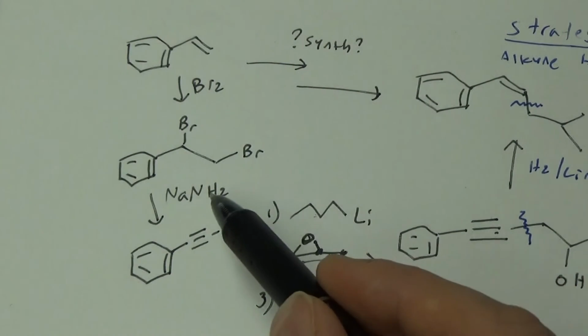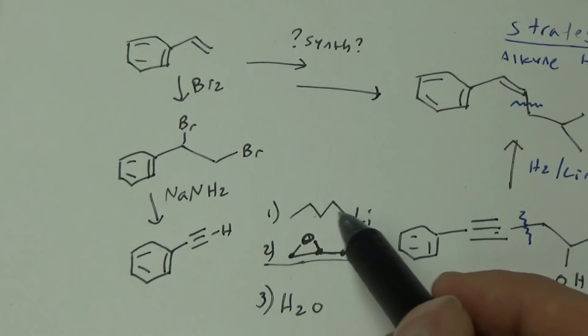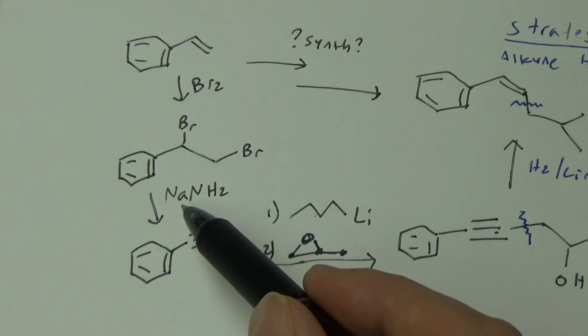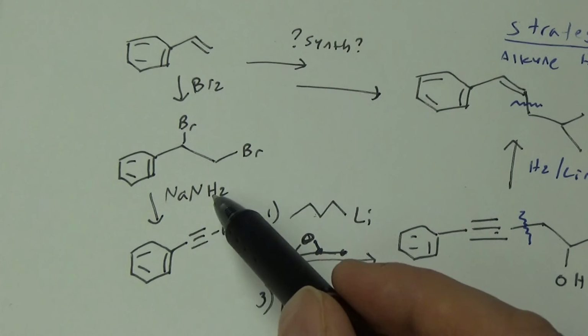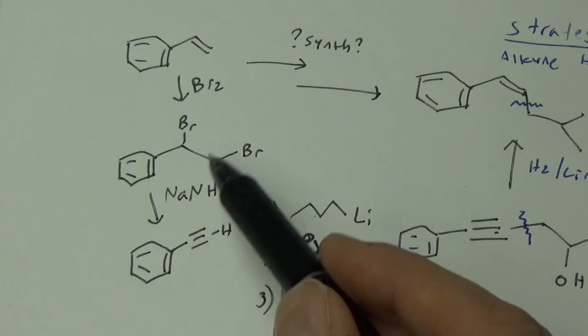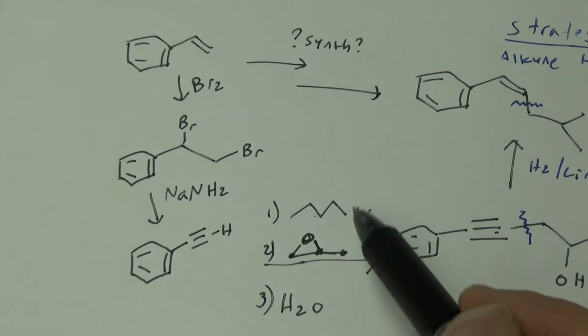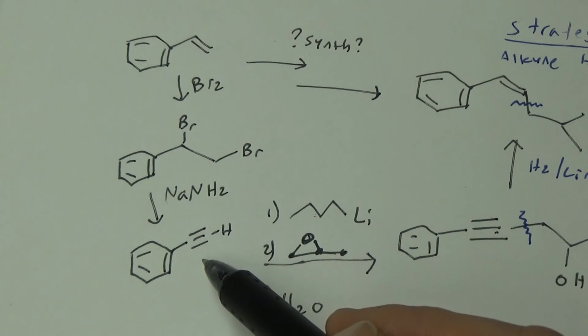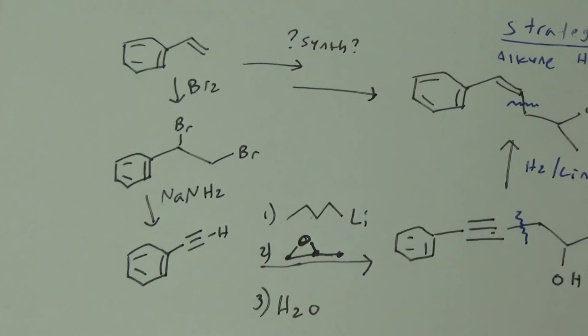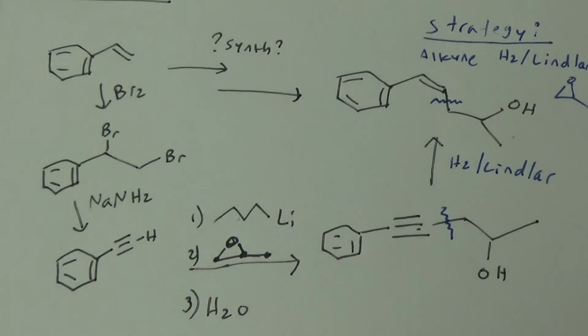Remember, the other thing is that base is sometimes used as step 1 for this reaction as well. So this is kind of a versatile base. NaNH2 can be used for the double elimination. It can also be used for the deprotonation of the alkyne. Alright? Cool. So that was a fun synthesis problem.